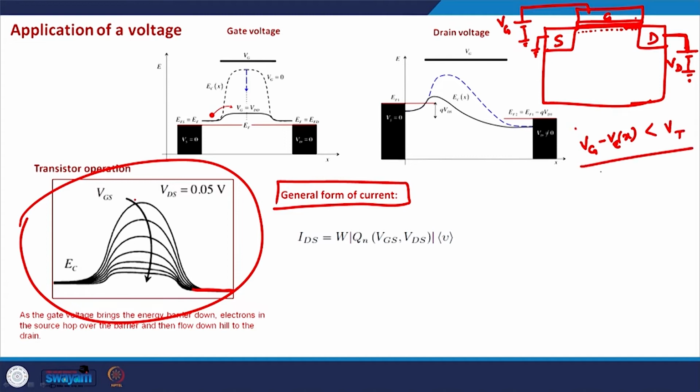So if a positive drain voltage is applied, it will in a way nullify the effect of the gate voltage, and that way the inversion layer in the channel towards the drain terminal might not be present, and that is known as the pinch off in the channel, or the pinch off region of the channel.